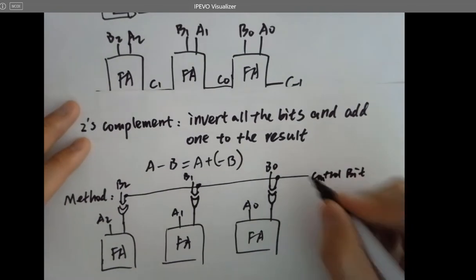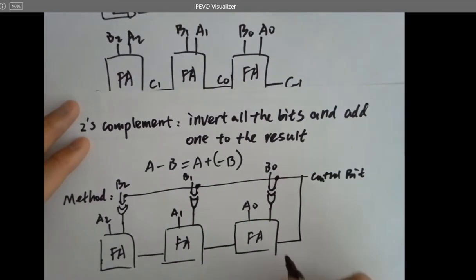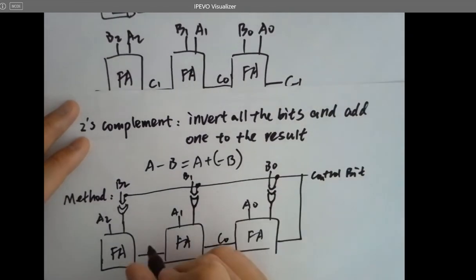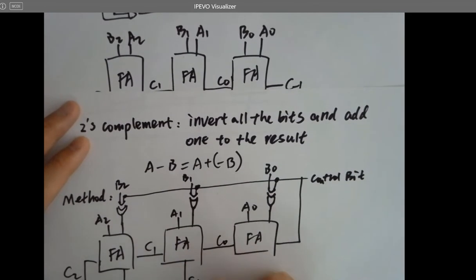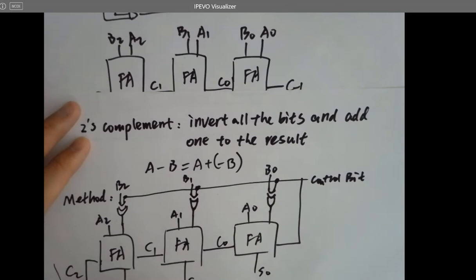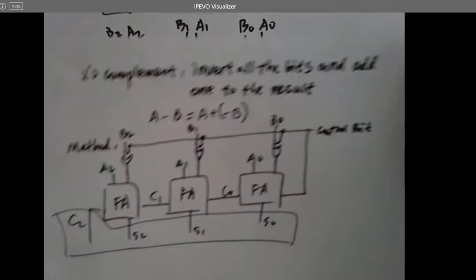You want to directly feed the control bit to the carry-in of the first FA. So that's the final result. How does this work?